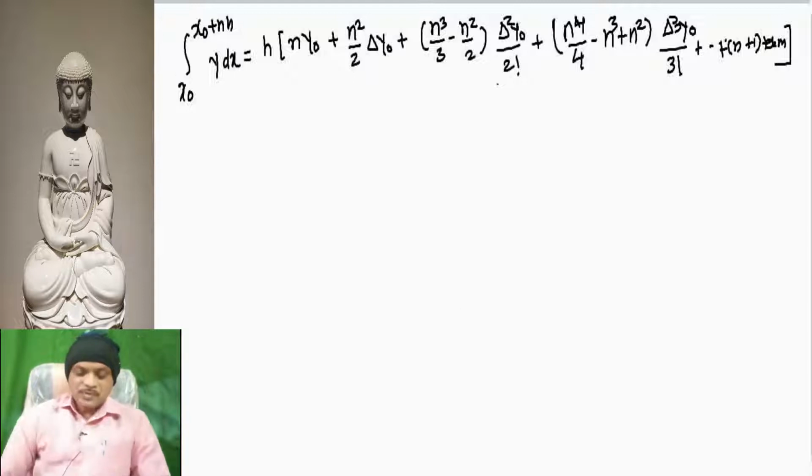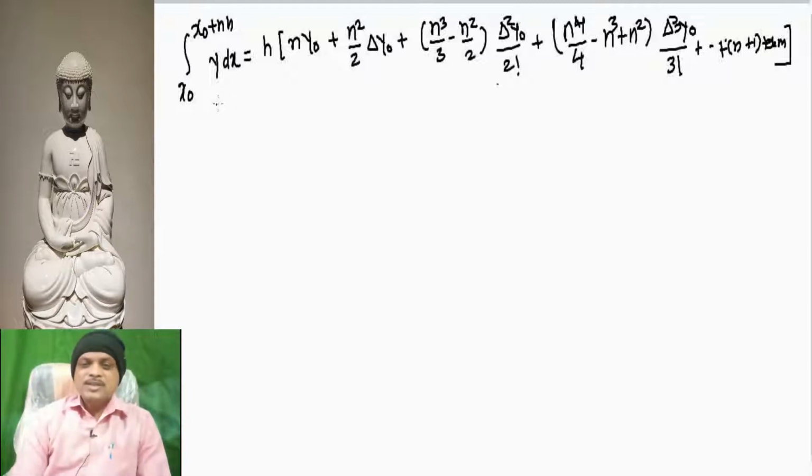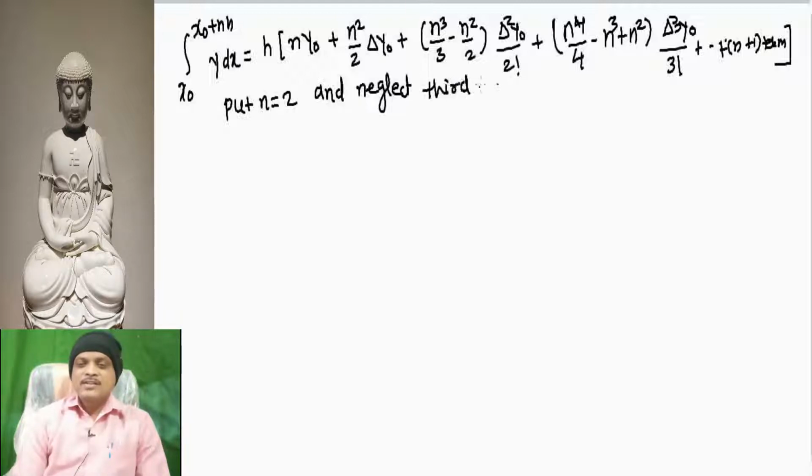Now, in these n plus 1 terms, we put n equal to 2 and neglect third and higher derivatives. So we neglect all these terms and substitute n equal to 2.